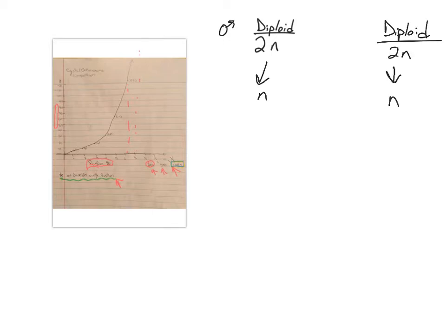they can take their 1n cells, which we call what? I hope you said gametes, right? Which would mean sperm or eggs in humans. You take this sperm and this egg, and you fuse them together into a new human being.